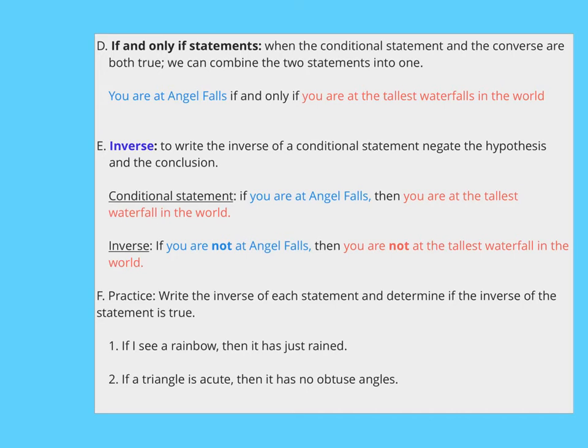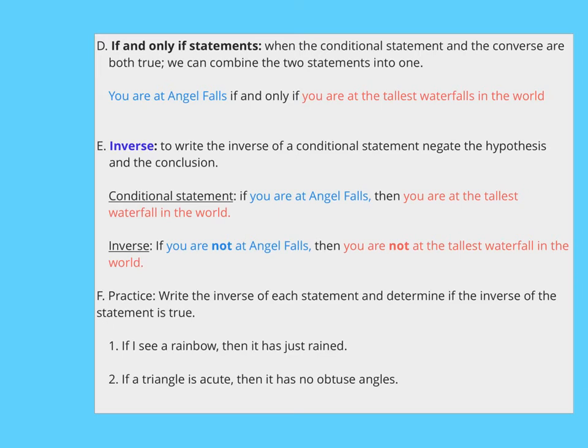If you end up having a conditional statement that's true and the converse of that statement is also true, we can rewrite that statement as an if and only if statement. So when we looked earlier on the last slide, we looked at if you're at Angel Falls, then you're at the tallest waterfall in the world. The converse of that was if you're at the tallest waterfall in the world, then you are at Angel Falls.